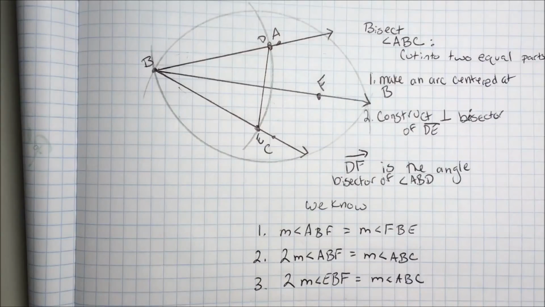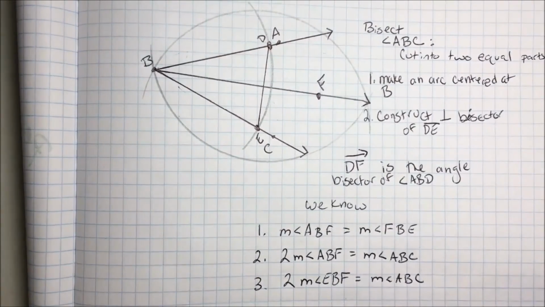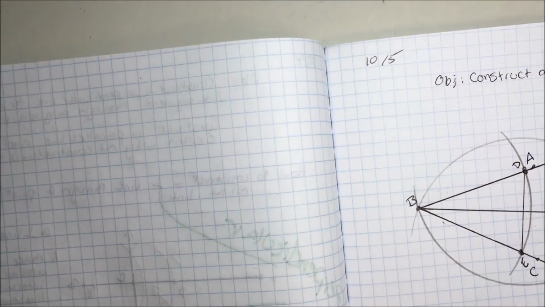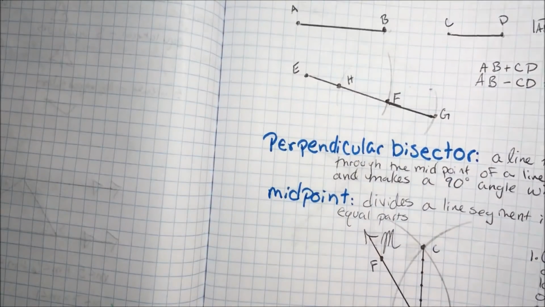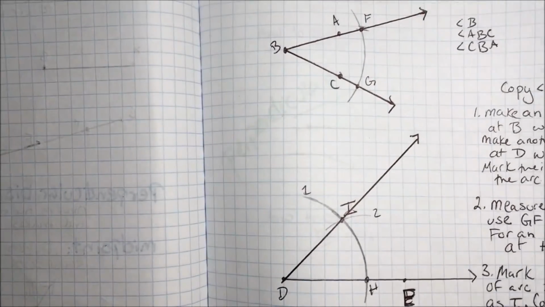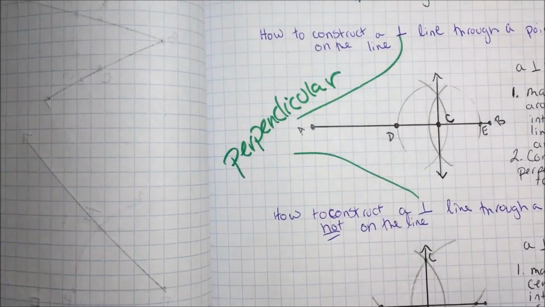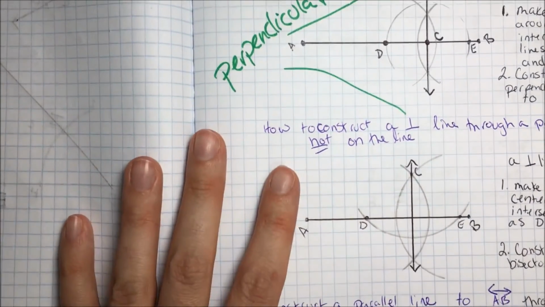Okay. So we have had two main constructions so far that we've adapted for various things. We've had the perpendicular bisector, we've had copy an angle, and we've done some different things with those.